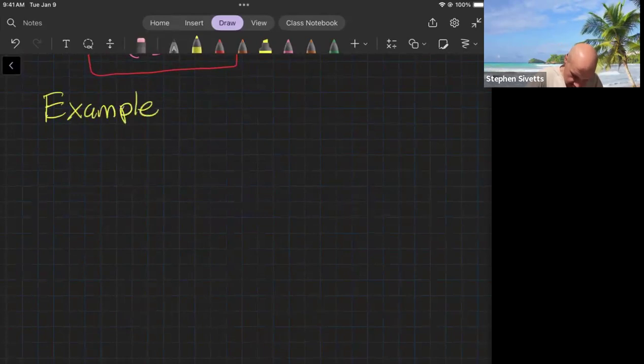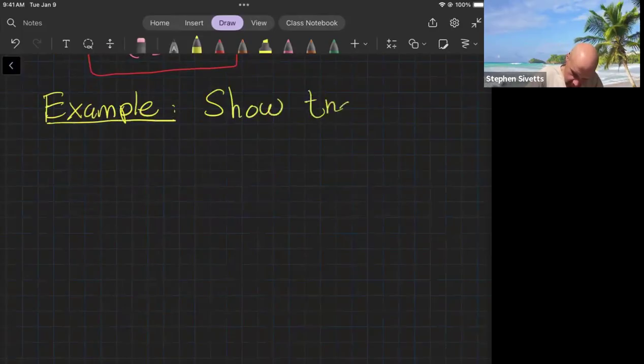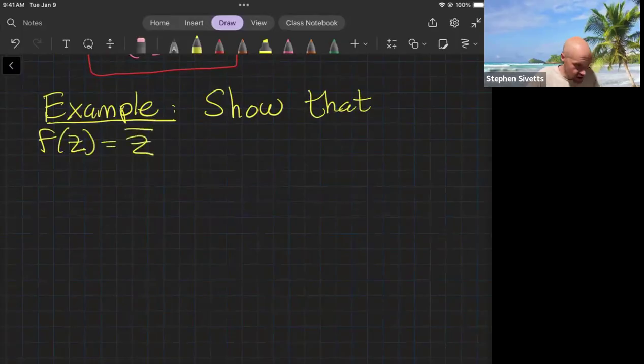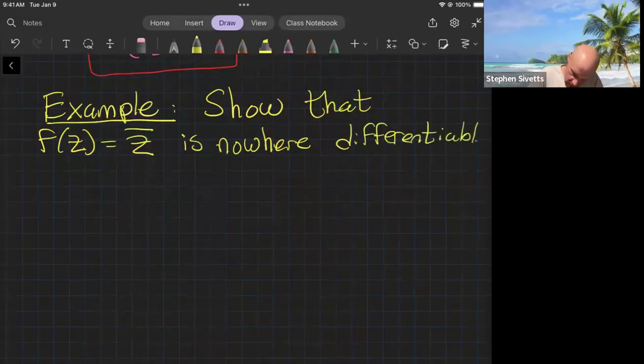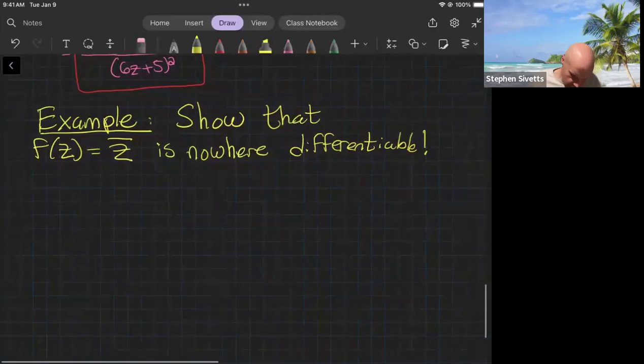So here's an example of one such function, right? Show that f of z equals z bar, z conjugate, is nowhere differentiable. Nowhere differentiable. Okay.